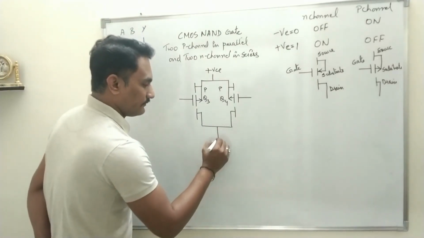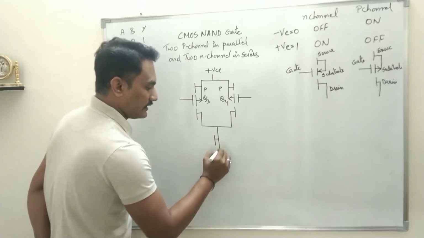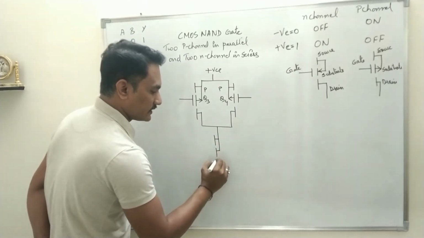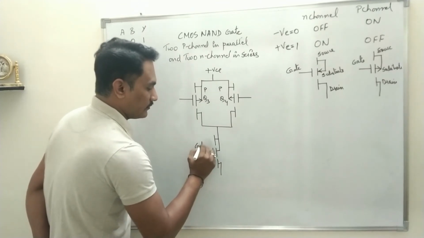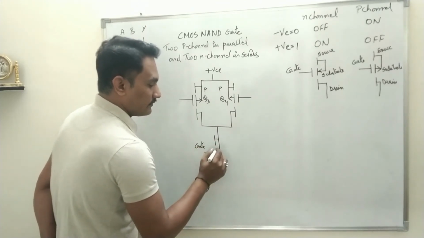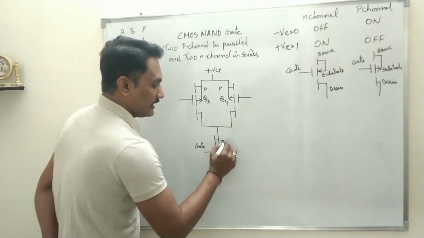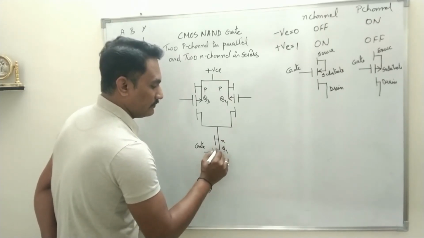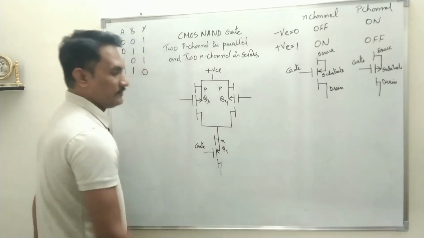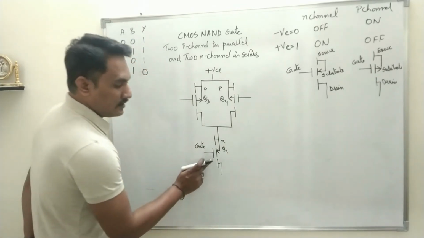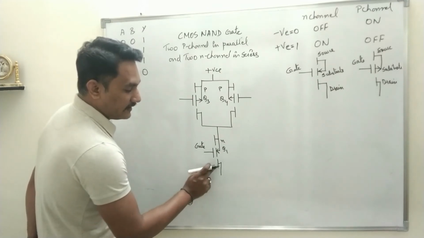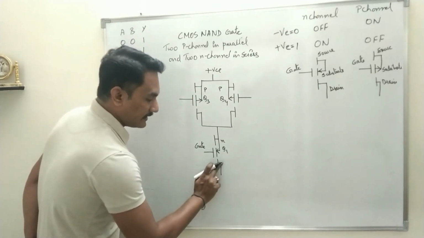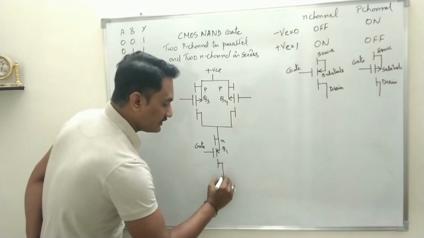Source connected to substrate, then drain, and then the gate terminal. Let's say this is Q1, this is N channel, so the arrow mark will be inward towards the substrate. Now as two N channels are connected in series, the drain of the first will directly be connected to the source of the next.